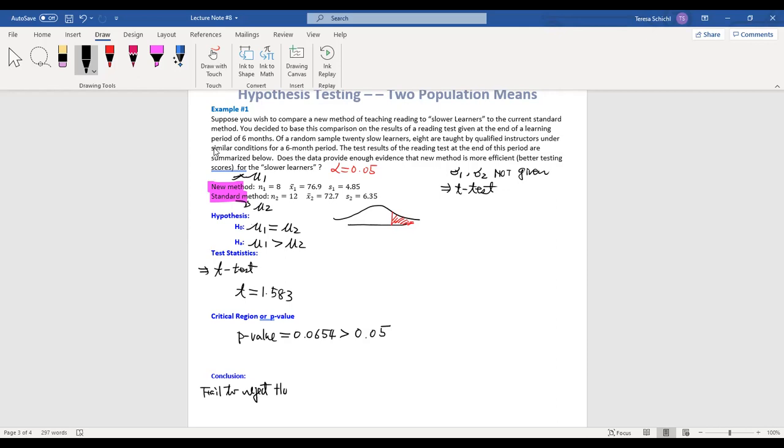That means the data does not provide significant evidence to support that the new method is more efficient than the standard method. So that's what fail to reject means. Okay, all right. So now let's take a look at how I do this by using R.